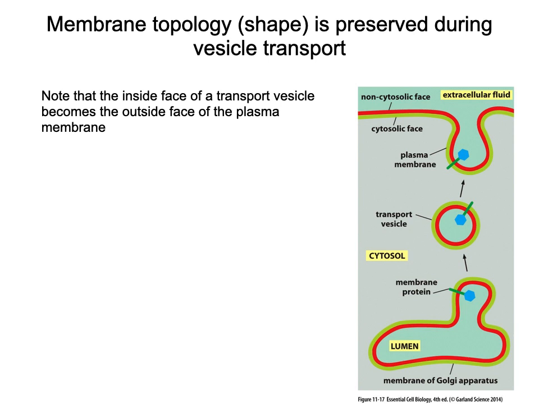So if we had a membrane protein and we have this blue head on it, it needs to be in the lumen of the Golgi, the lumen of the transport vesicle, in order to get to the surface of the plasma membrane, with that blue head still being on the outside of the cell.